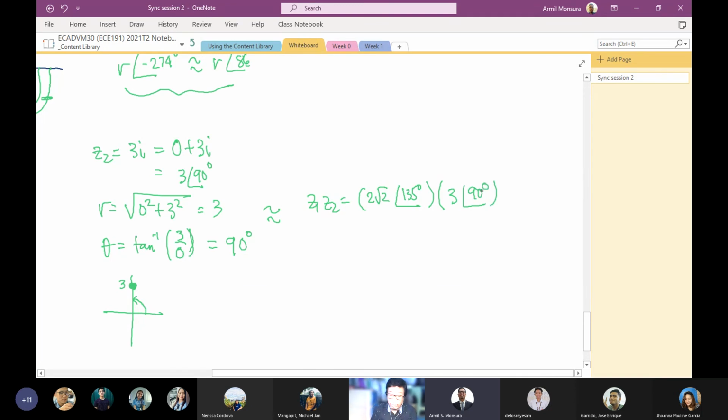Please do not forget the unit degrees if you are using degrees. Kasi kapag hindi kayo naglagay ng unit dyan, I would construe it as radians. If you just wrote 135, this should be interpreted as 135 radians. So if you want this to be interpreted as degrees, kailangan may degree siya. Okay? Is that clear?